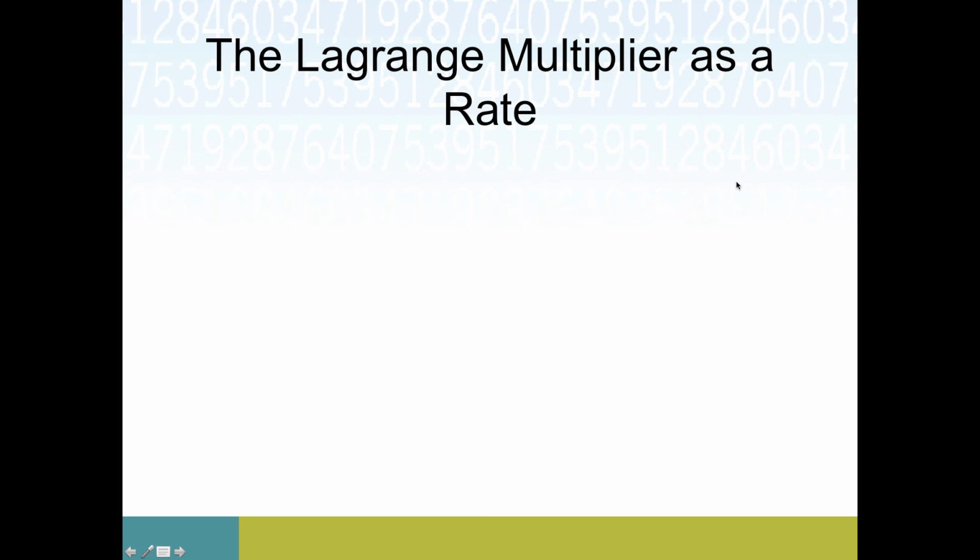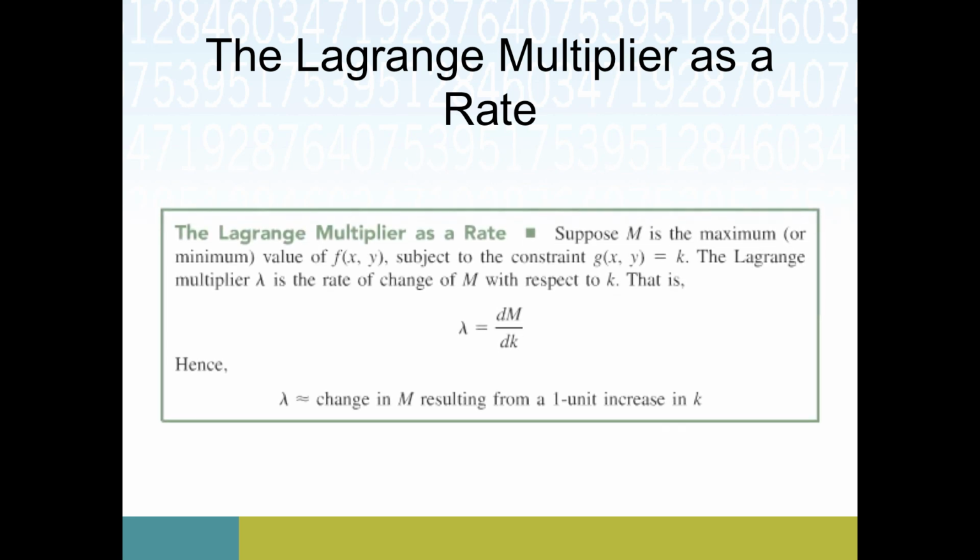Last topic for the section is the notion of this Lagrange multiplier, this lambda thing, as basically being its own rate of change, which is kind of an interesting way to think about this.